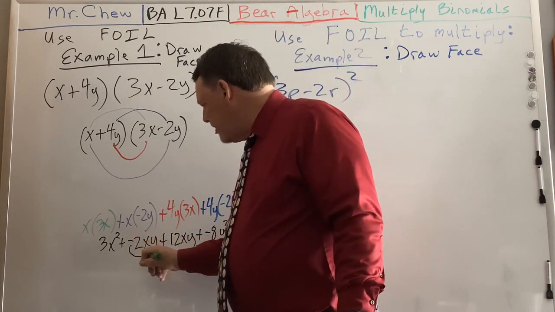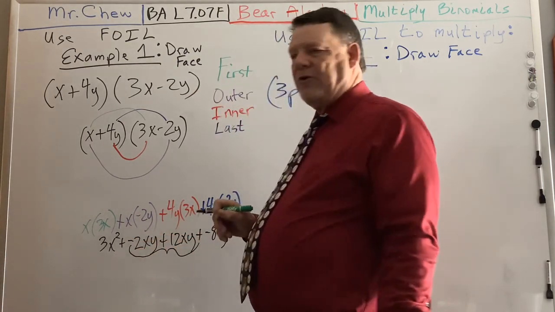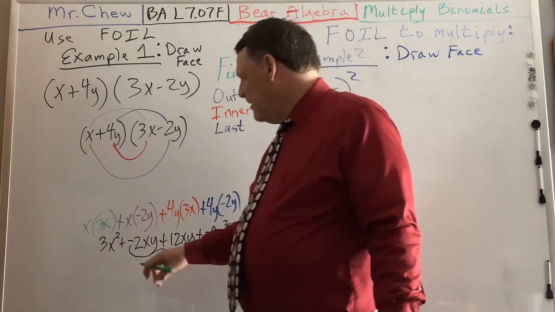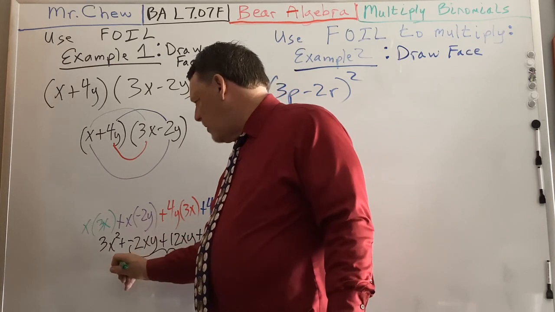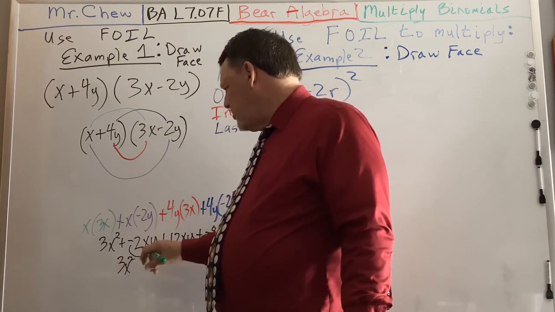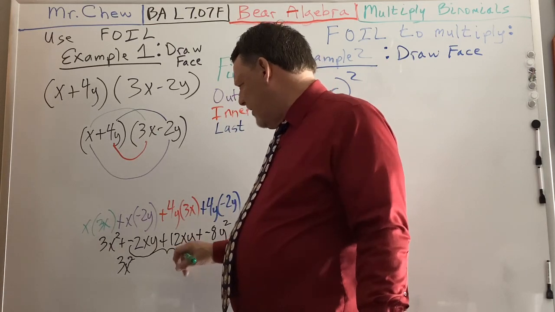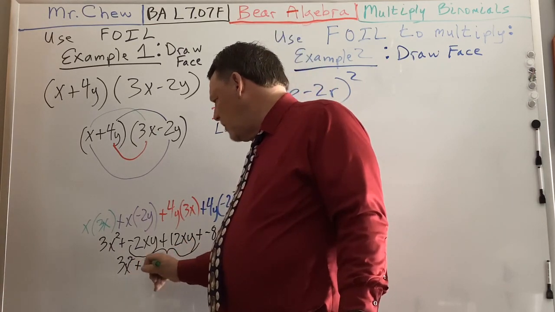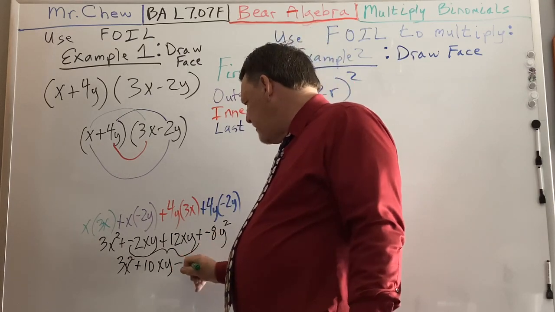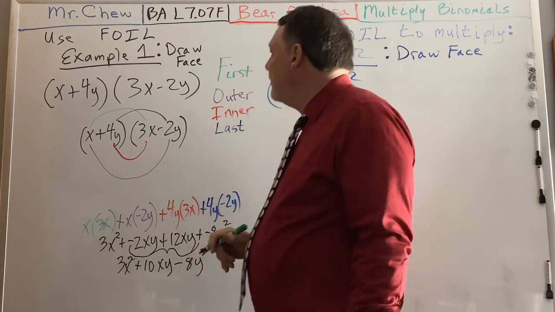Now, not always, but you always have to check and see if there are any like terms. And there are like terms here. So I have 3x squared, minus 2xy plus 12xy is 10xy. And then plus a negative 8y squared is the same as minus 8y squared.